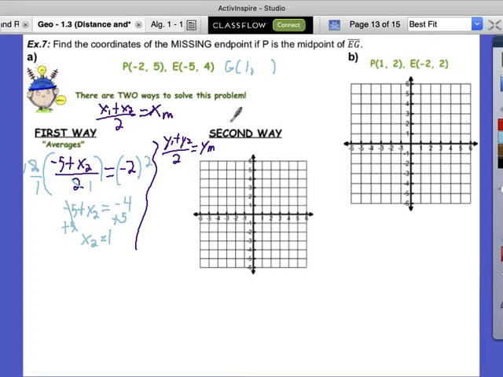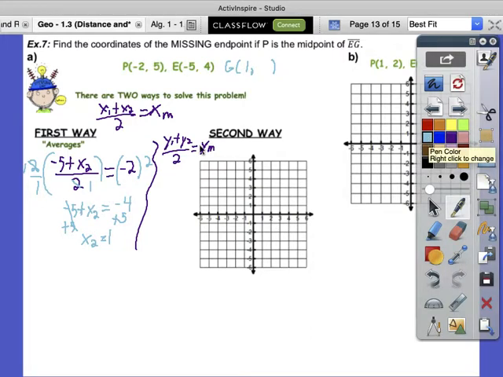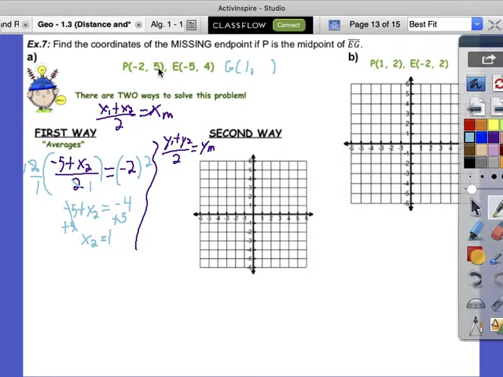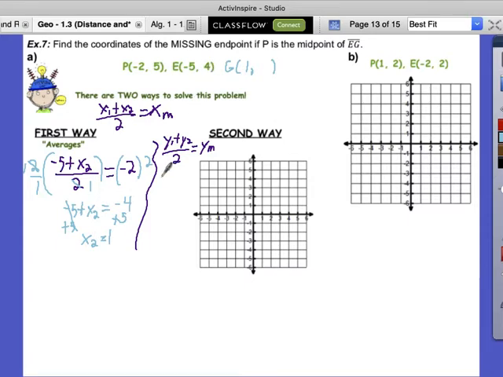We just did that in our warm-up, right? Same idea, but here we just don't know our y2. We know the midpoint and we know y1. So 4 plus whatever our other y value is, divided by 2, is going to be equal to 5, the y value of our midpoint.